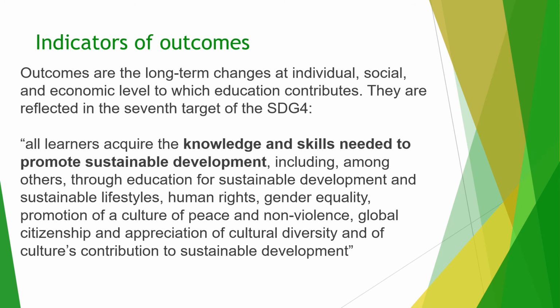It reads that the expectation is that all learners acquire the knowledge and skills needed to promote sustainable development, including, among other things, through education for sustainable development and sustainable lifestyles, human rights, gender equality, promotion of a culture of peace and non-violence, global citizenship, appreciation of cultural diversity, culture's contribution to sustainable development.